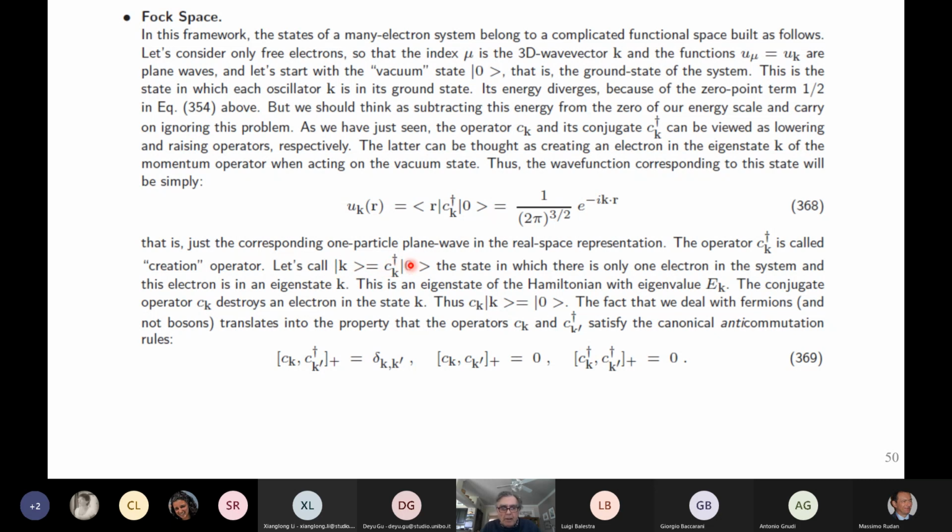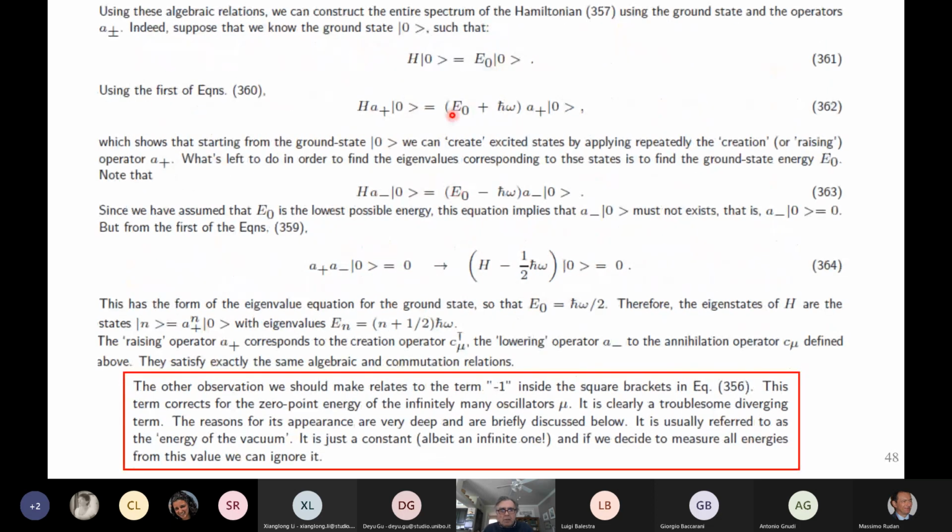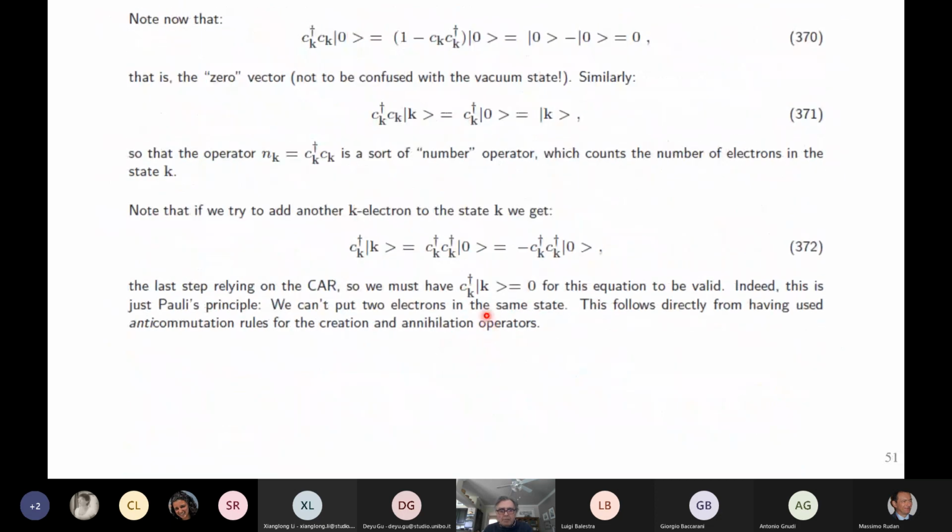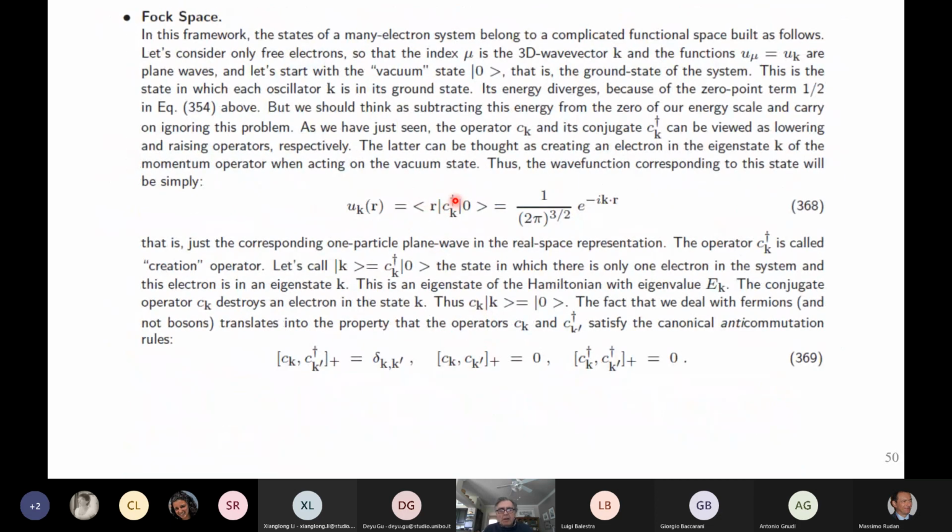Again, c dagger applied to the ground state gives me this state, in which a single electron is excited. Notice also that applying c to the state k, because of the property that we showed here, gives me the ground state. So c dagger is called the creation operator.